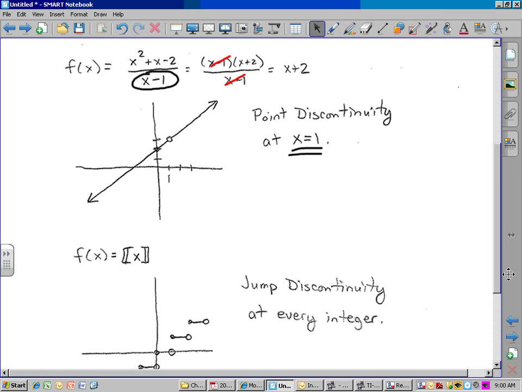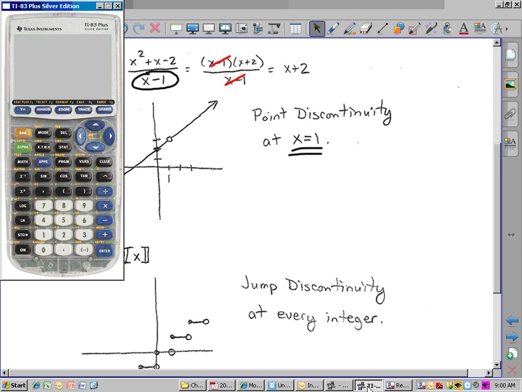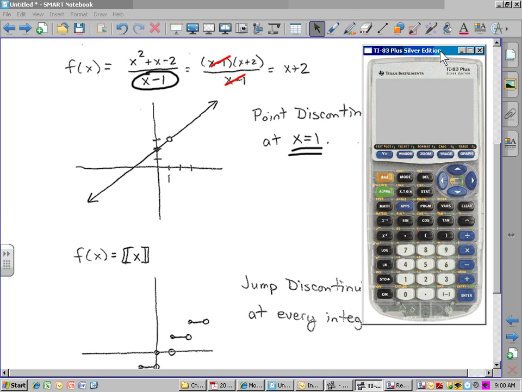I'm actually going to graph this one, because we can actually zoom in and see the hole in the graph. So we have x squared plus x minus 2 divided by x minus 1. We'll start with a zoom 6.